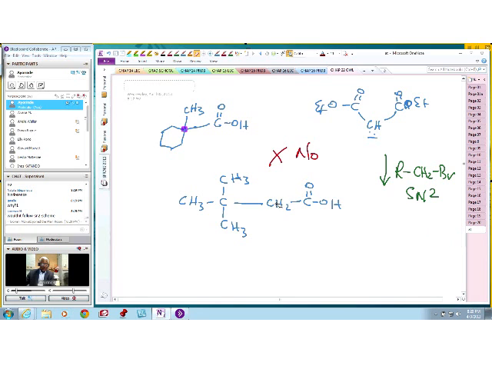So therefore, if you look at this molecule here, and you want to generate your enolate anion here, you need an alkylating agent, and you have to use this as the alkylating agent right here.